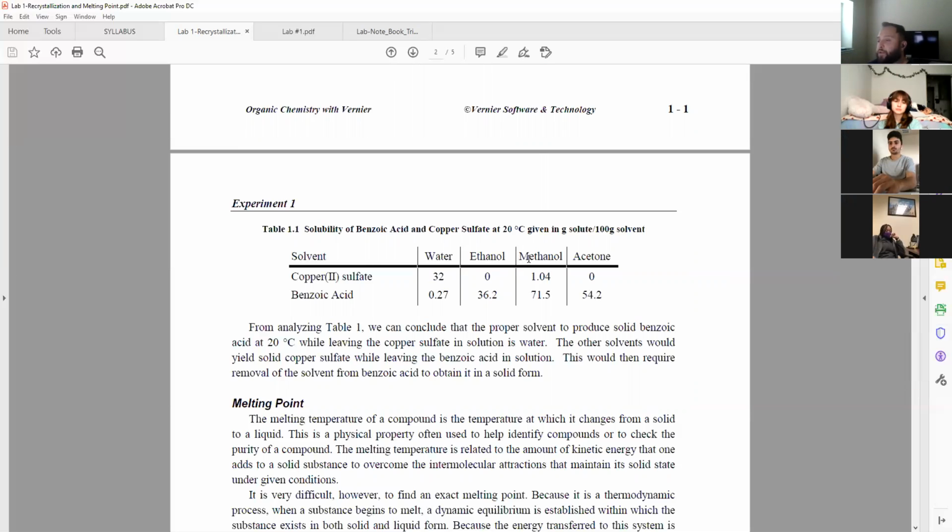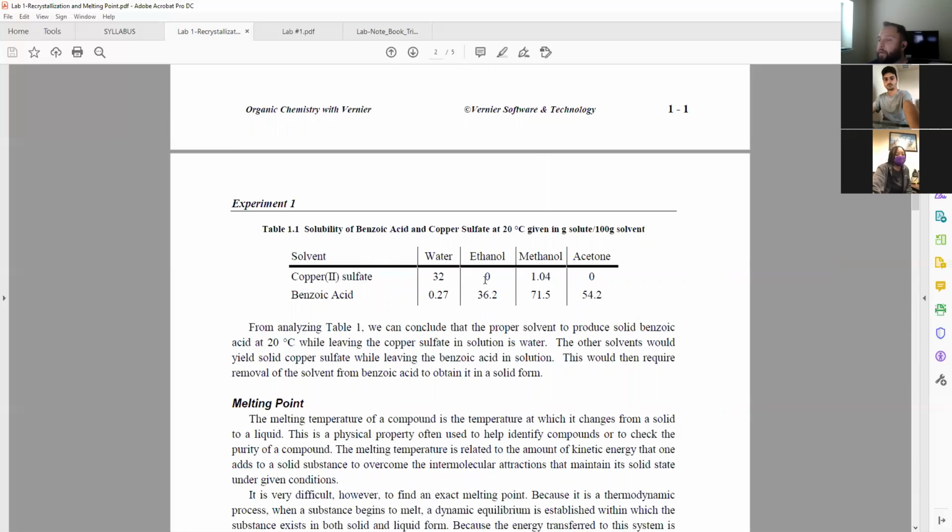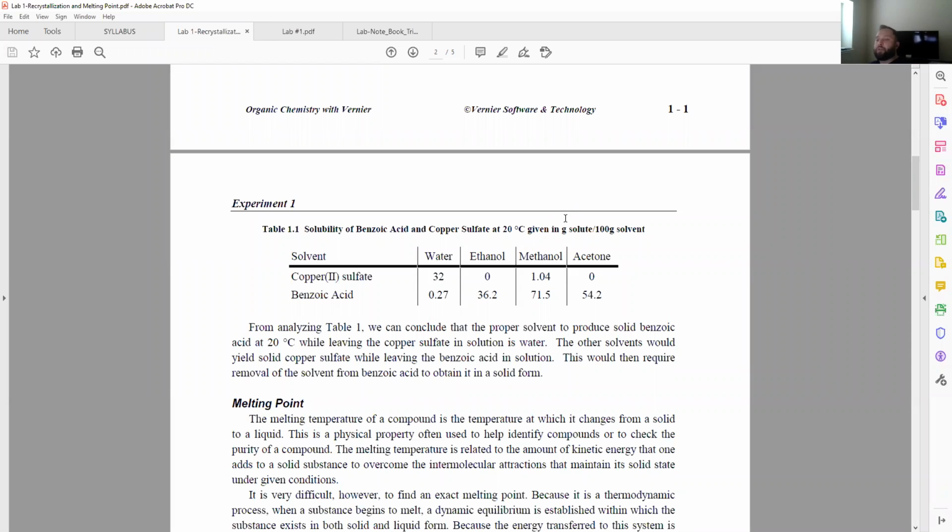So you look here, and you have water, ethanol, methanol, and acetone. You guys are going to be recrystallizing benzoic acid, and the impurity is copper sulfate.